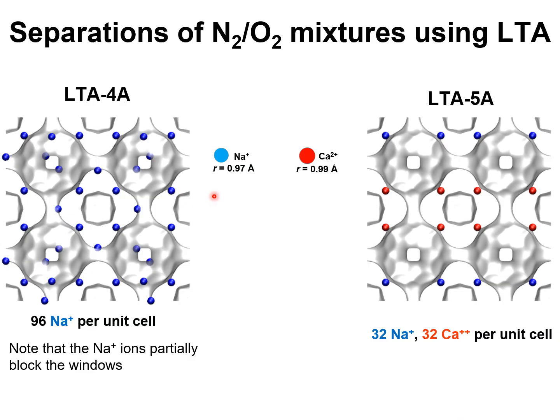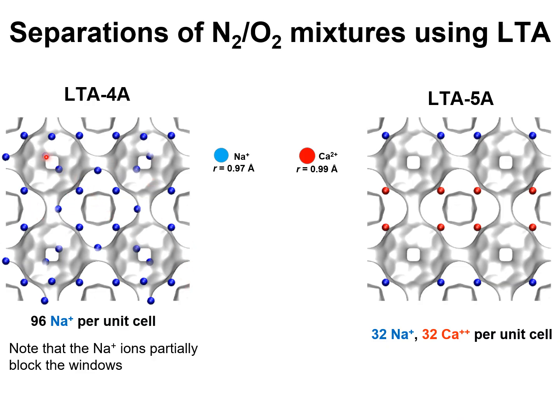For nitrogen-oxygen separations, two types of LTA zeolites are used: LTA4A zeolites and LTA5A zeolites. LTA4A zeolites contain 96 sodium ions per unit cell. The location of these sodium cations is shown by the blue spheres.